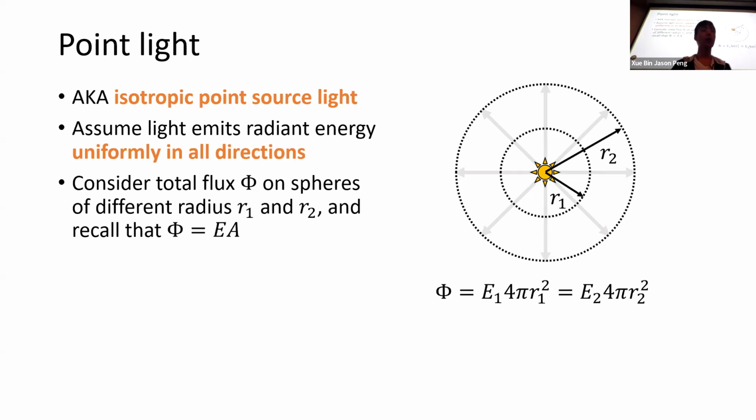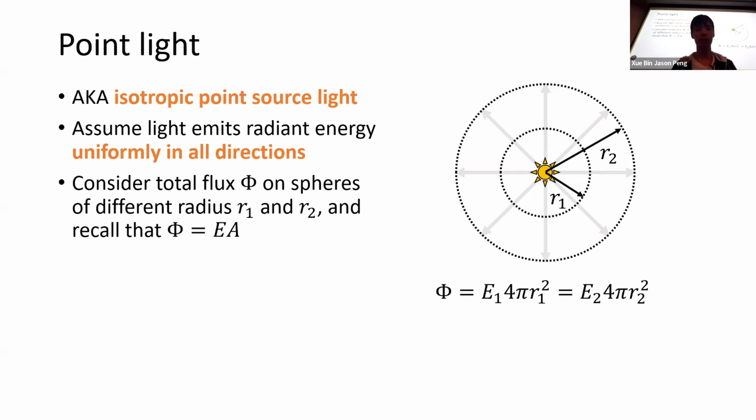And this is going to be equal to the flux on a sphere with a different radius R2. So if we have another point that's some distance R2 away from the light source, then the flux will be given by the irradiance at that distance E2 multiplied by 4 pi R2 squared.